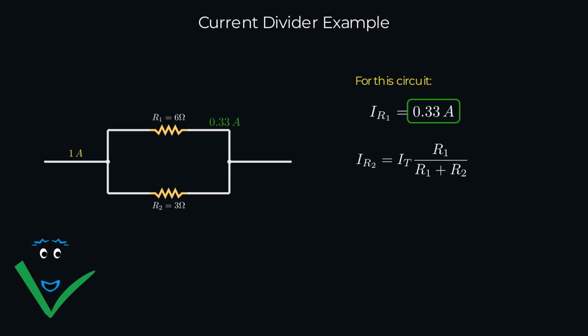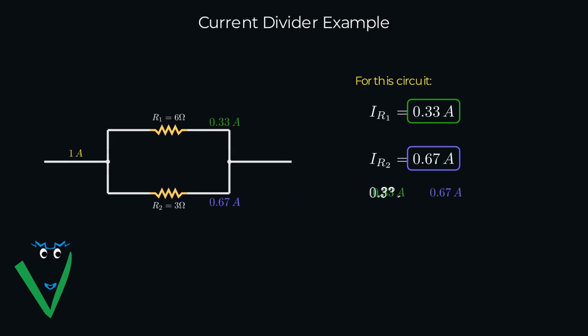So I2 equals 1 amp times 6 ohms divided by 6 ohms plus 3 ohms. That gives us 6 over 9, which is 0.67 amps. Again, we get the same result. R1 gets 0.33 amps, R2 gets 0.67 amps, and together they add up to 1 amp.